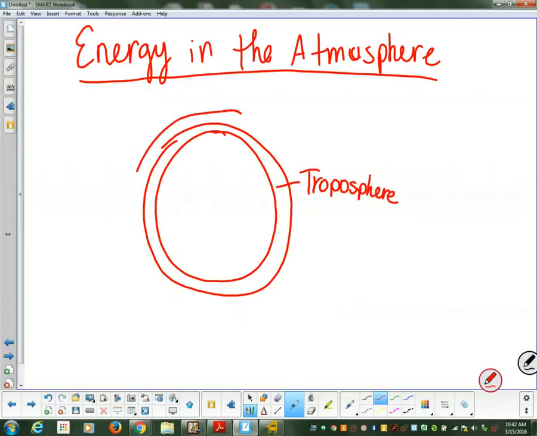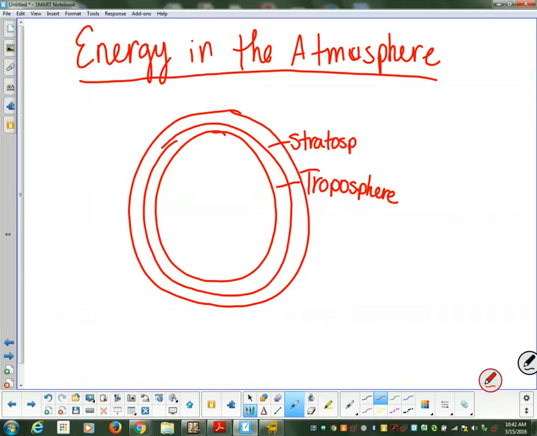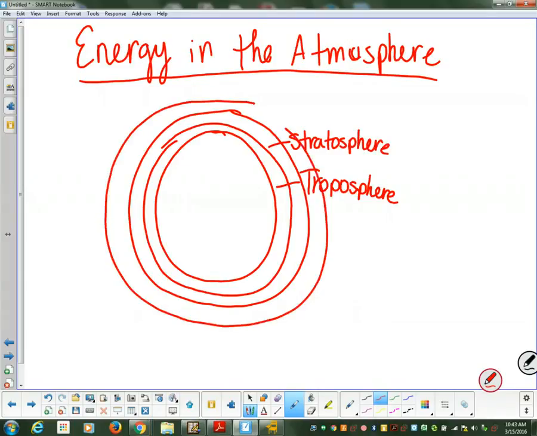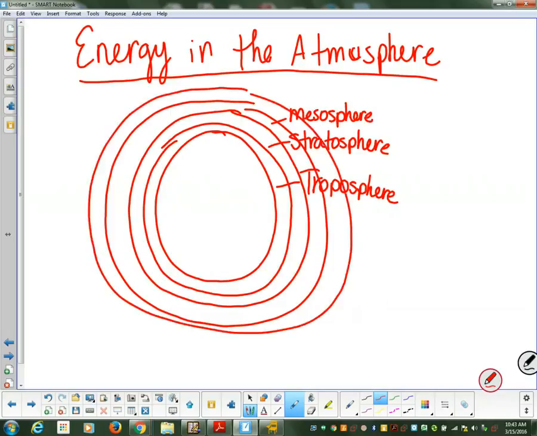The second one is called the stratosphere. The third one is called the mesosphere. And the last one is called the thermosphere. And each one of these is important in some way for our Earth.